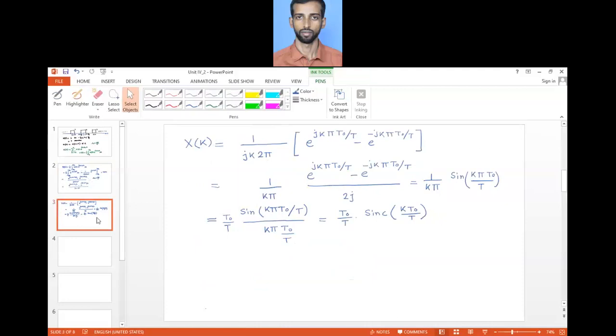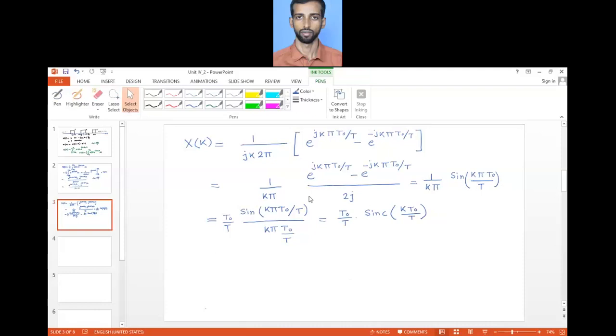So e to the power jx minus e to the power minus jx by 2j will give us the sine function. So that is equal to 1 by k pi sine k pi t naught by T. Now this argument has to be made the same in the denominator also.